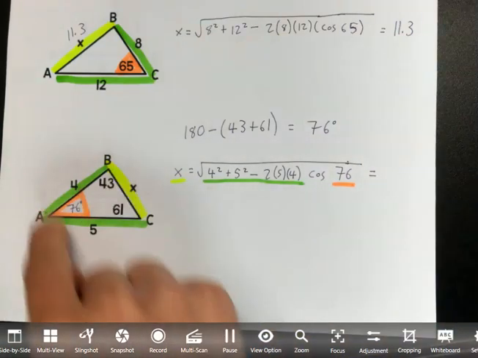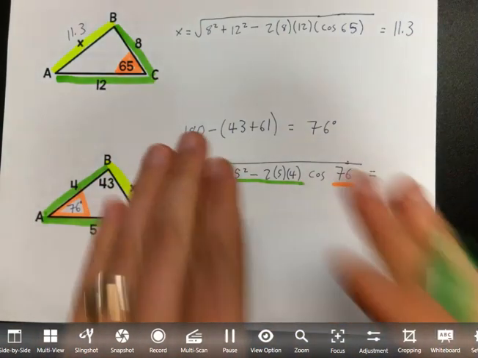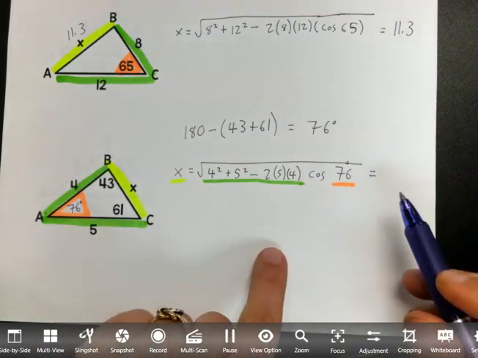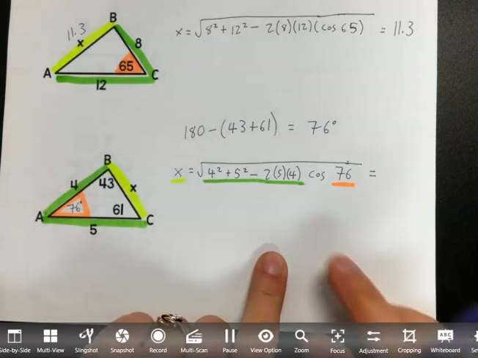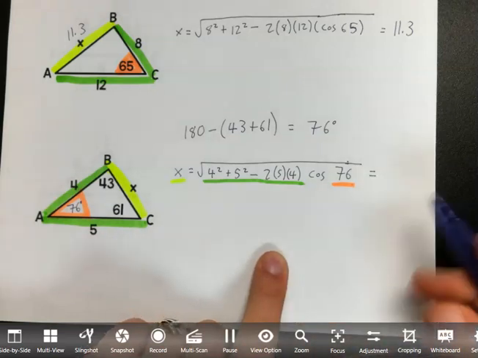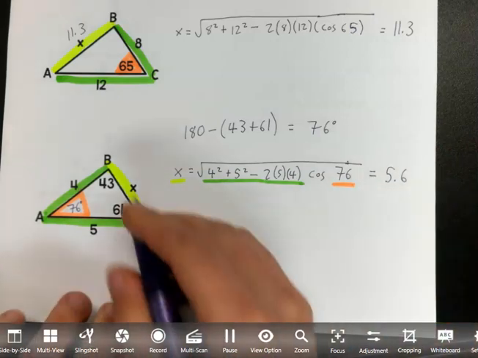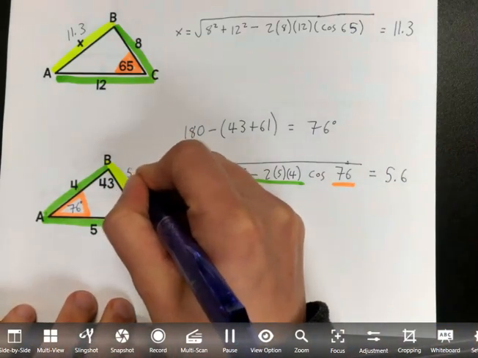So that's why I put all the colors, so we know, just put it into the formula and go from there. Okay? So then when I do all of that, I get that this is 5.6. So my x is 5.6.